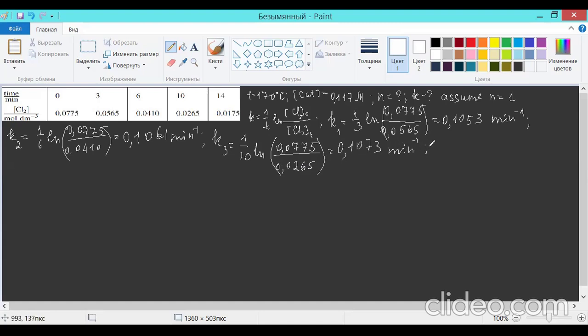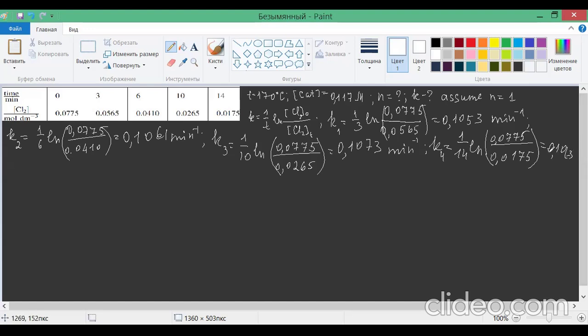And the last case, k sub 4, is 0.1063, very close.